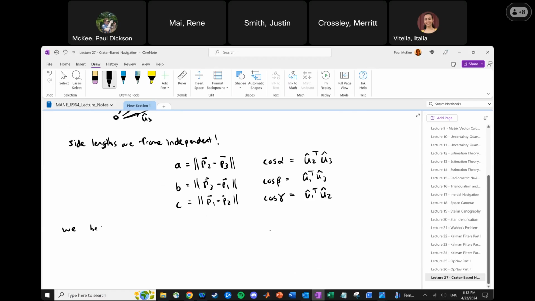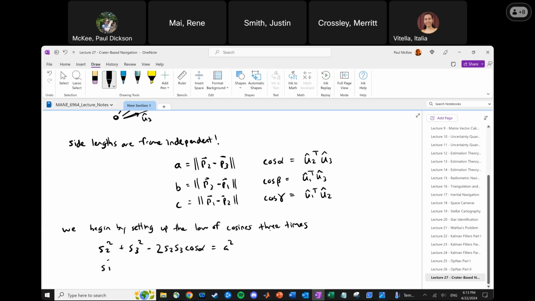We begin by setting up the law of cosines 3 times. So we get a system of equations. So S2 squared plus S3 squared minus 2 S2 S3 cosine of alpha is equal to A squared.